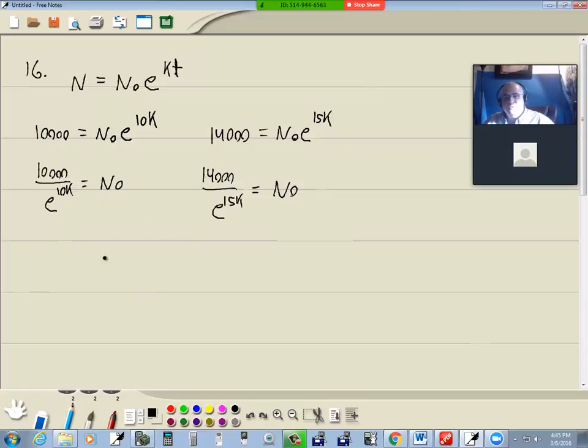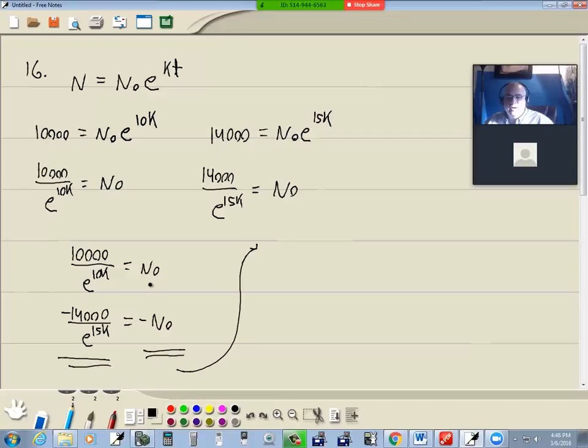And now if you were to use elimination, so you got 10,000 over e to the 10k is equal to n naught, and you multiply this by -1, you'd end up with negative 14,000 over e to the 15k is equal to negative n naught. Okay. So then those would cancel away. And here on this side you'd have 10,000 over e to the 10k minus 14,000 over e to the 15k is equal to 0.